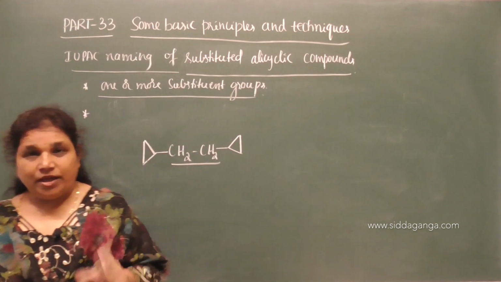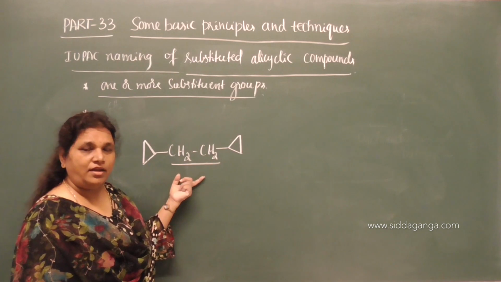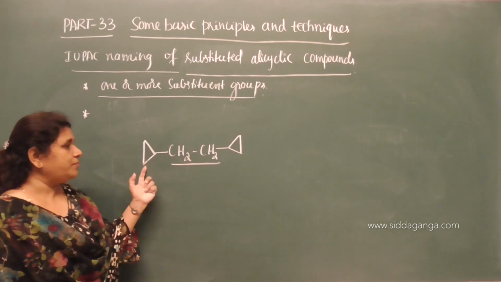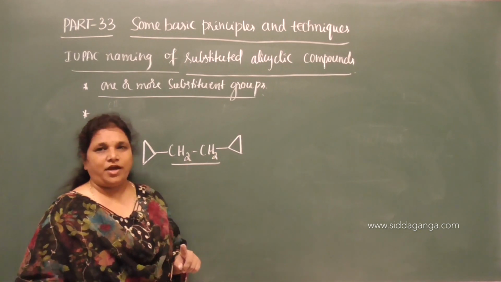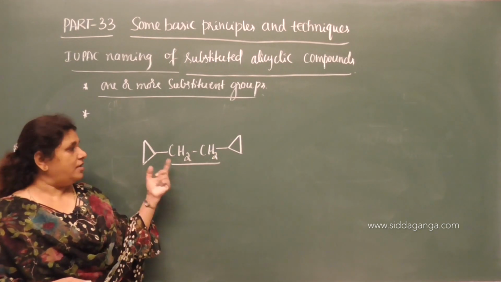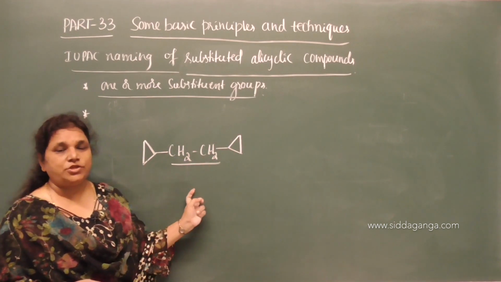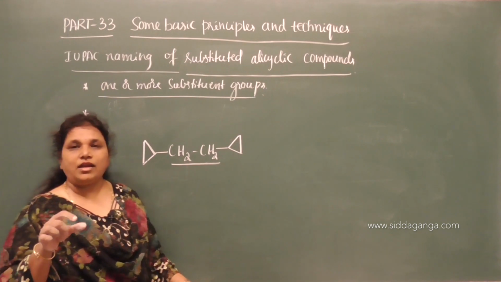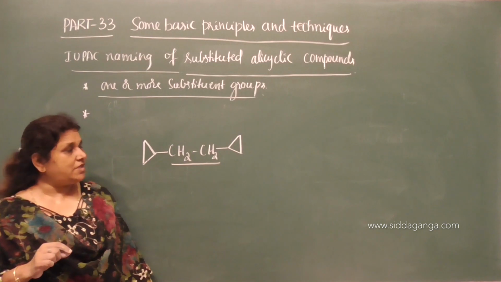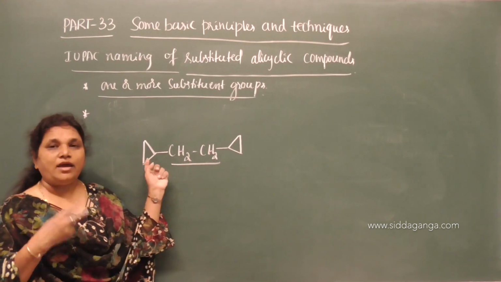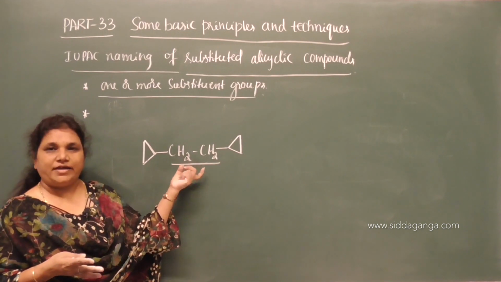Whenever two alicyclic rings are attached to the aliphatic chain, we have to treat both the alicyclic rings as substituents and name this compound as an alicyclic substituted alkane, irrespective of the size of the alicyclic ring, which means the cyclic ring may contain more carbon atoms than the aliphatic chain.